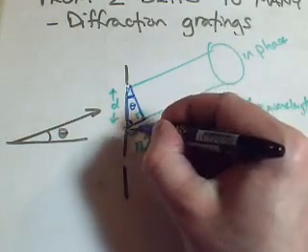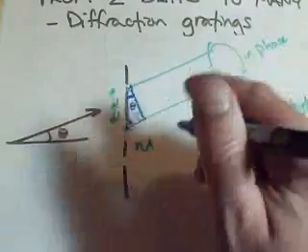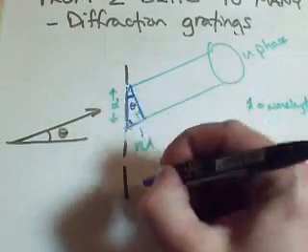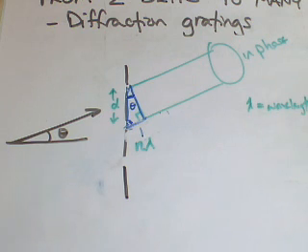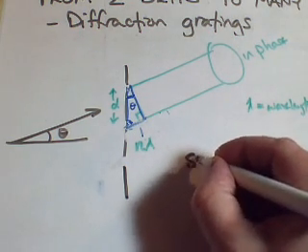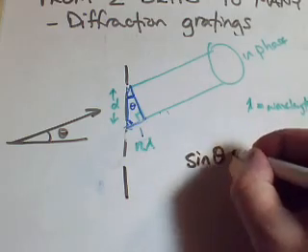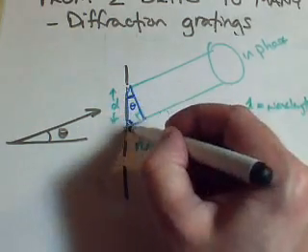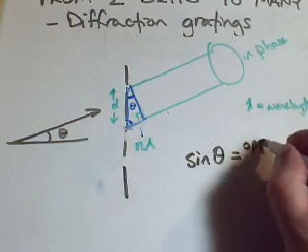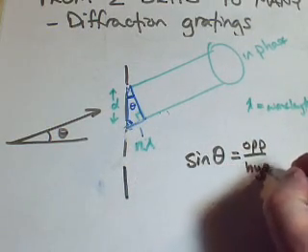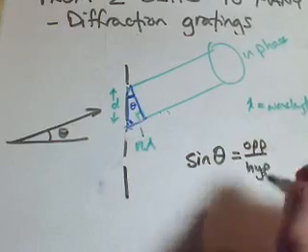So this distance here is my n lambda. This distance here is d. Okay, and I'm just going to use SOH CAH TOA. So SOH CAH TOA tells me that sine of theta equals the opposite over the hypotenuse, and then let's put the values in.